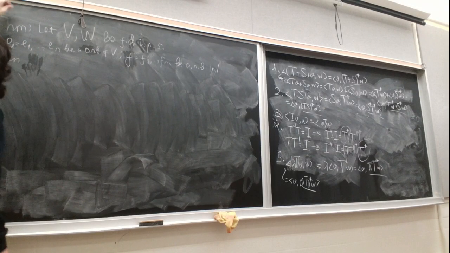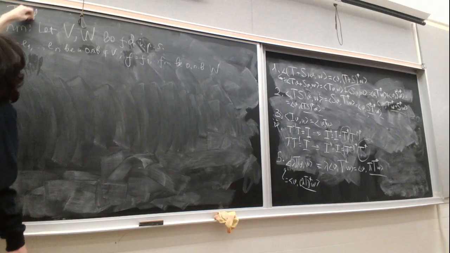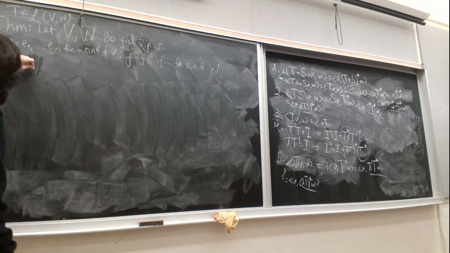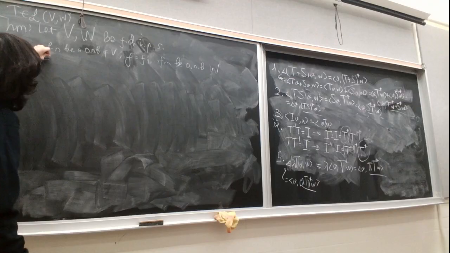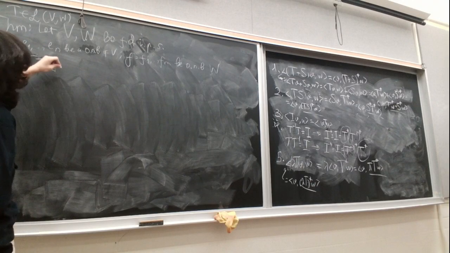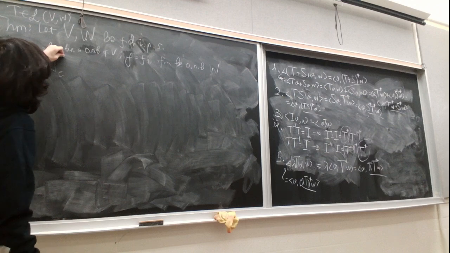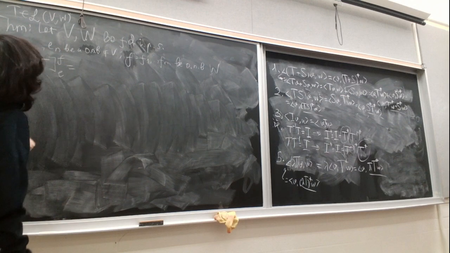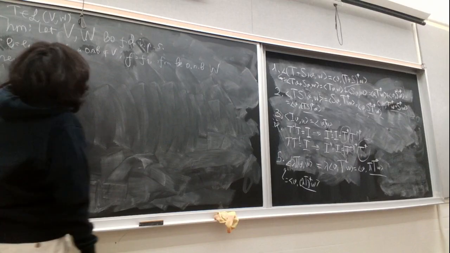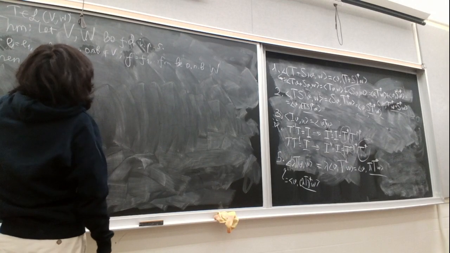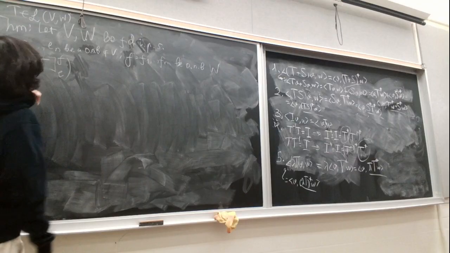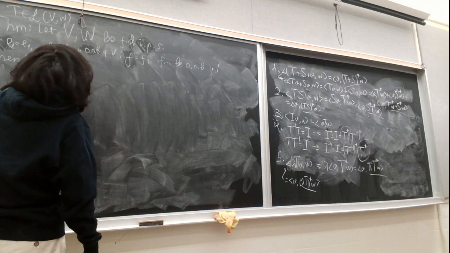Well, T is a linear map from V to W, I forgot to say. But then the matrix of T with respect to these two bases is going to be equal to, or I suppose we haven't defined the notation for a conjugate transpose, so I'll just do this.